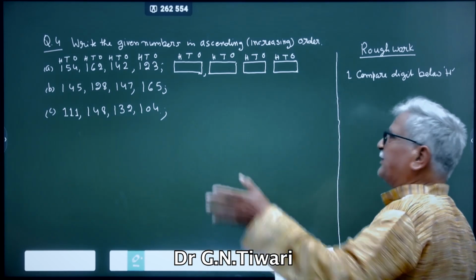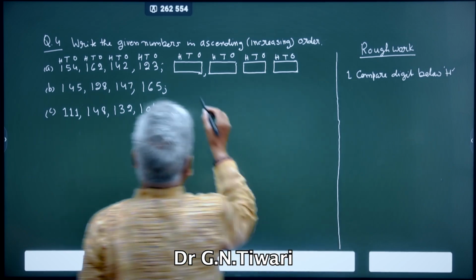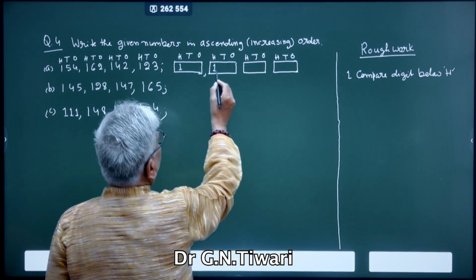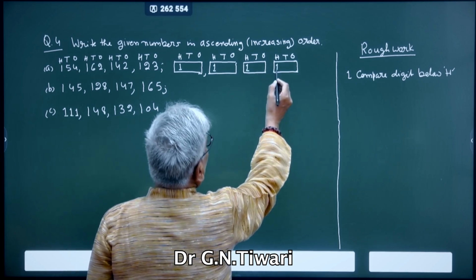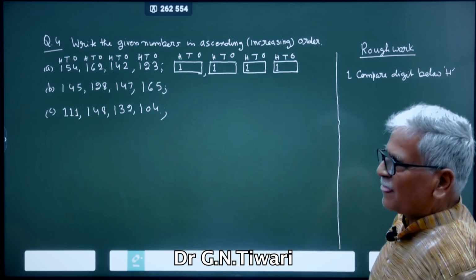In every number below H there is one, so you write 1, 1, 1, and 1.